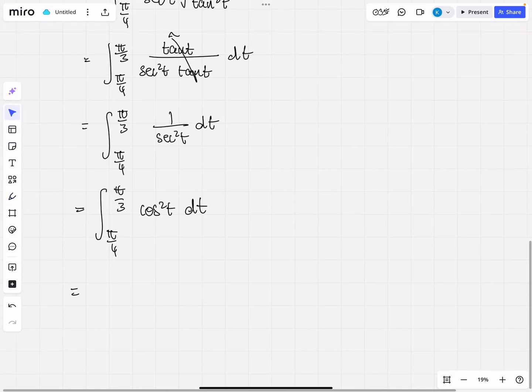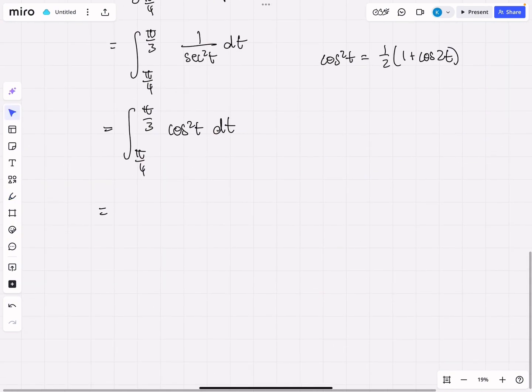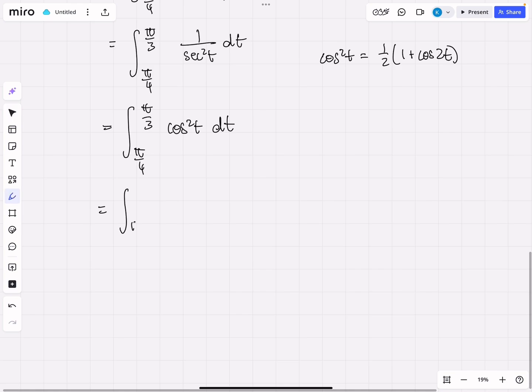Now remember, cos squared t can be written as 1/2 of 1 plus cos 2t, and that's derived from the double angle formulae. So we're going to have 1/2 plus cos 2t over 2 dt, if I just distribute that 1/2 there.